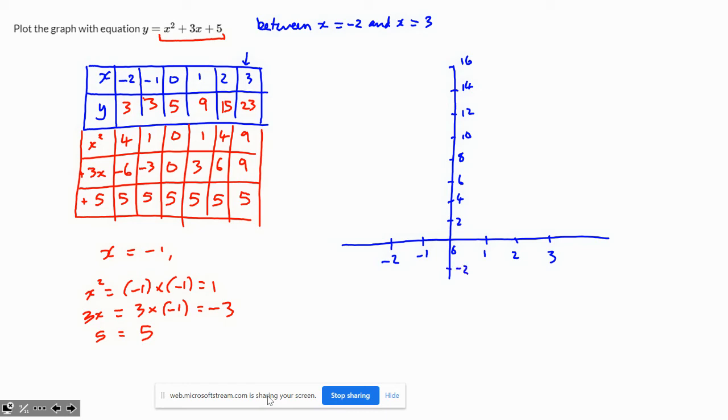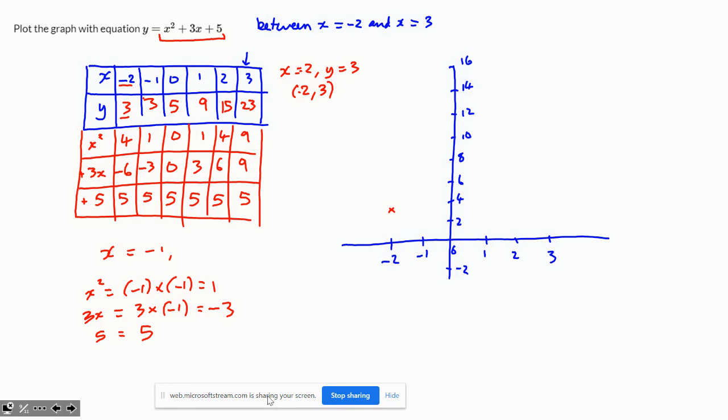So when I plot these points, if I was to write those as coordinates, sorry, -2. When x is -2, y is 3. So we have the coordinates -2, 3. I'll mark it on.